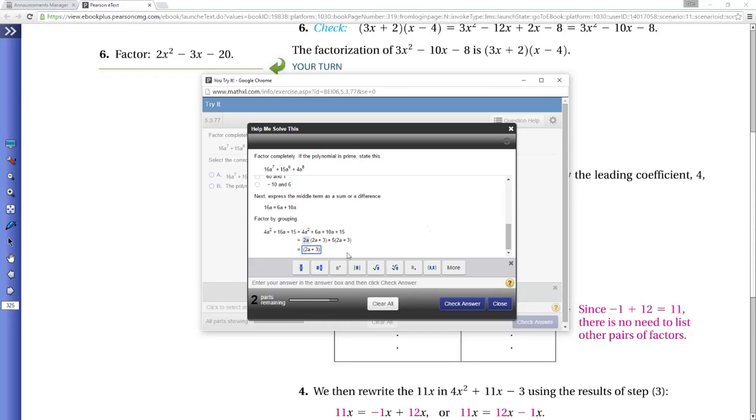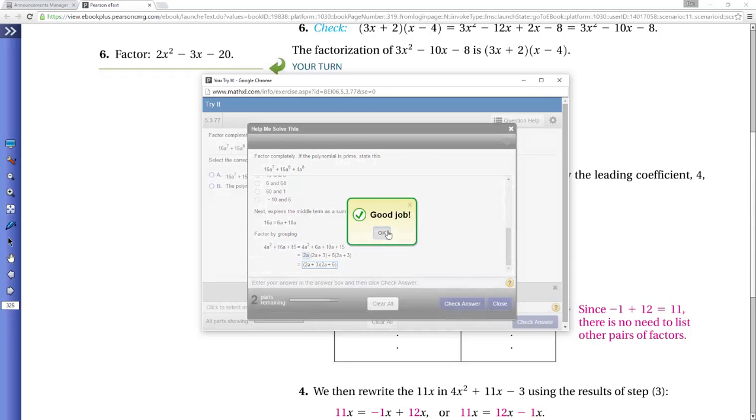There's my common factor between here and here, and then I need to multiply that by my parts of the factoring, right, which was 2a plus 5. And then I check my answer. Okay?